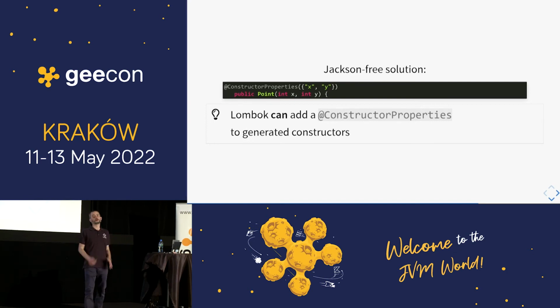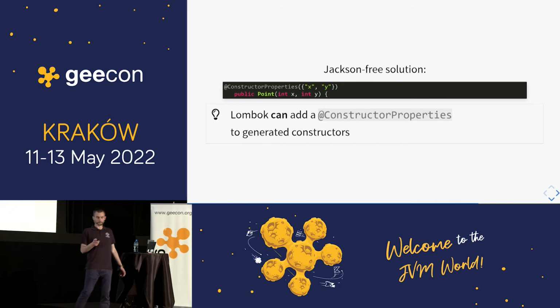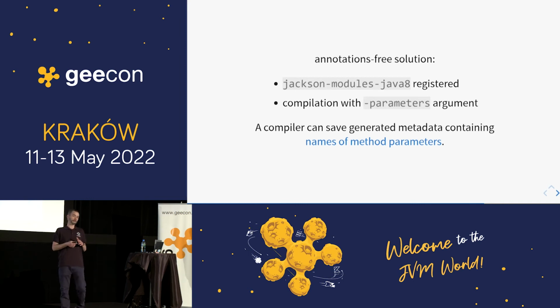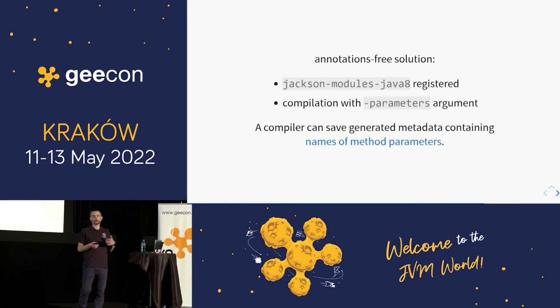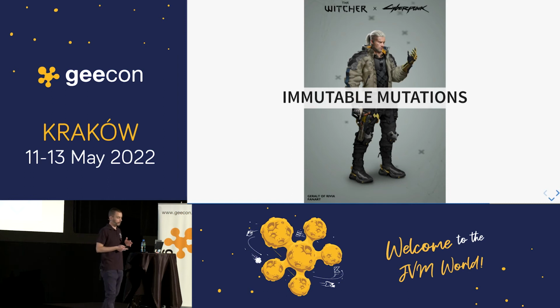But for more complex objects, I think it is a good decision to generate this kind of annotation or delegate it to Lombok. And the last solution for JSON immutability is totally annotation free, because today the compiler can remember and store argument names in bytecode if you activate some flag.